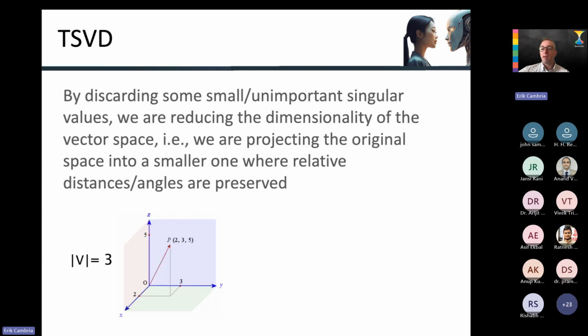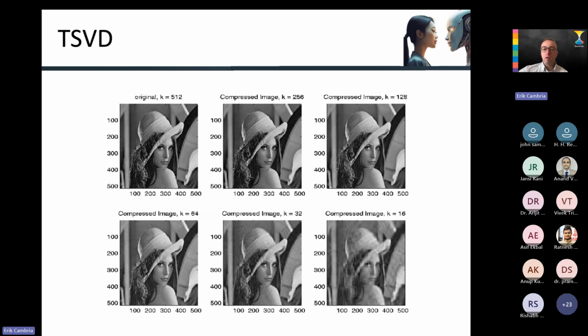So it's a bit like taking a picture of something, right? If you take a picture of an object in 3D, then it's like you are projecting the image of this object in 2D. And here is an example of how the SVD algorithm was first applied to do JPEG size reduction.